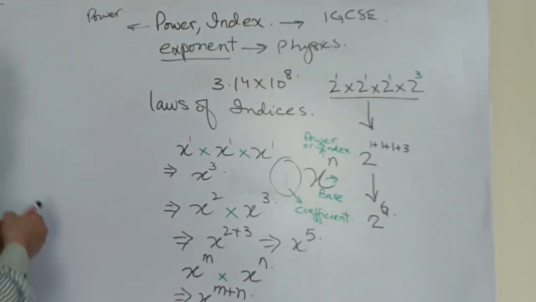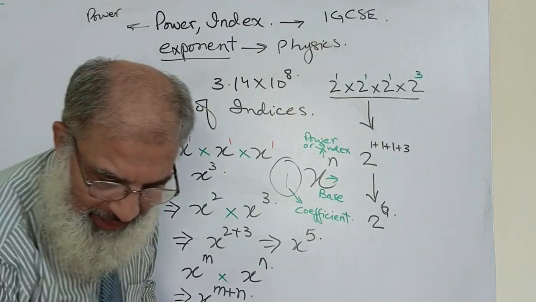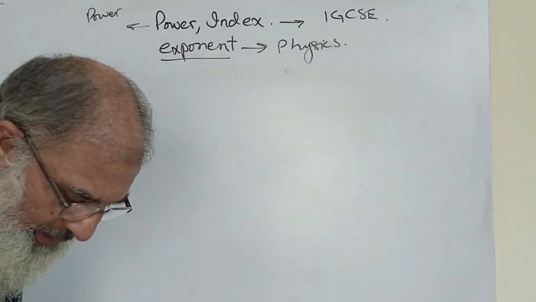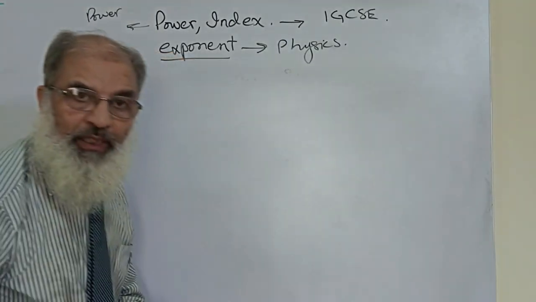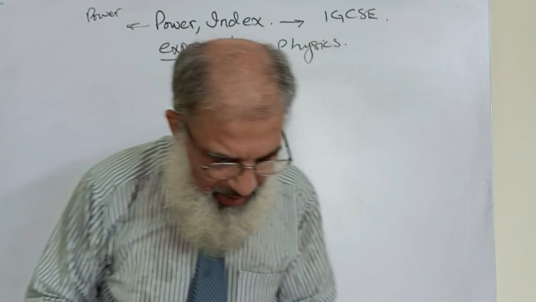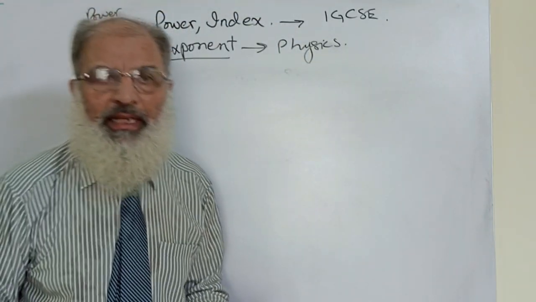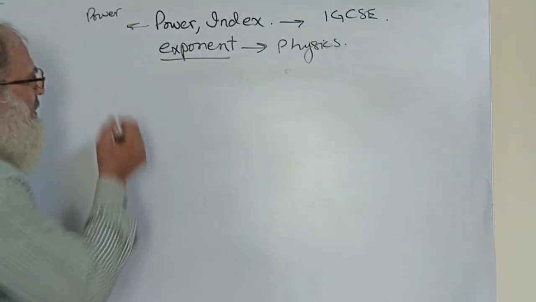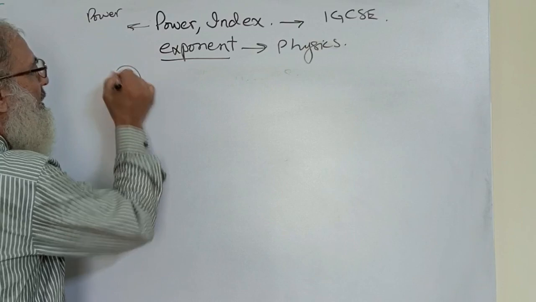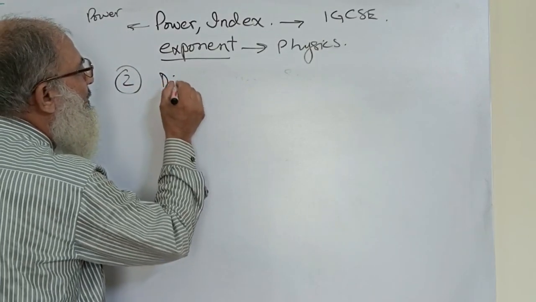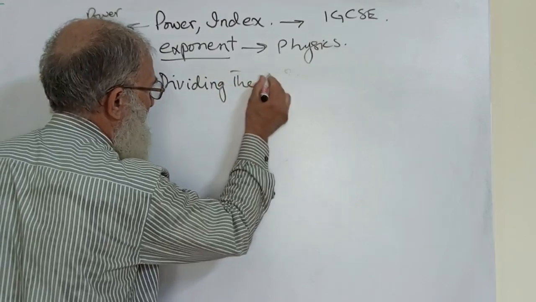Now my dear students, this was the first law. Let me proceed towards the second law, which is dividing the same base number with different indices or with the same index. The first law was concerned with multiplication; now we are dividing the same base.